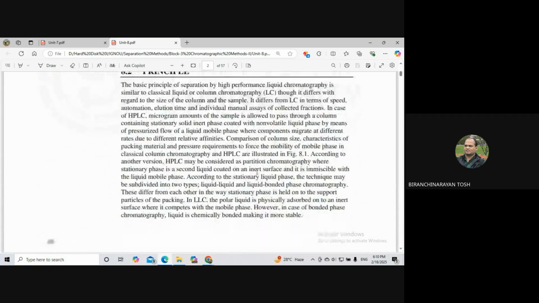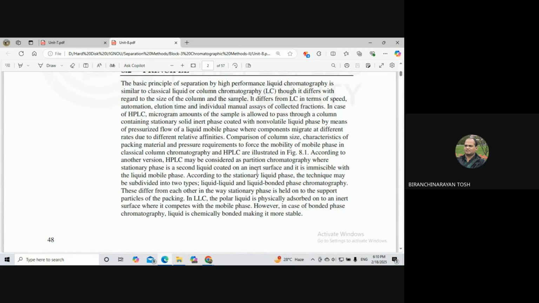So the basic principle of separation by high performance liquid chromatography is similar to classical liquid or column chromatography, though it differs with regard to the size of the column and the sample. It differs from liquid chromatography in terms of speed, automation, elution time, and individual manual assays of collected fractions.